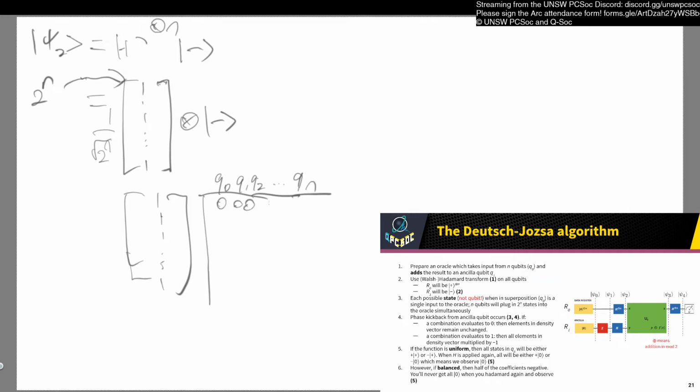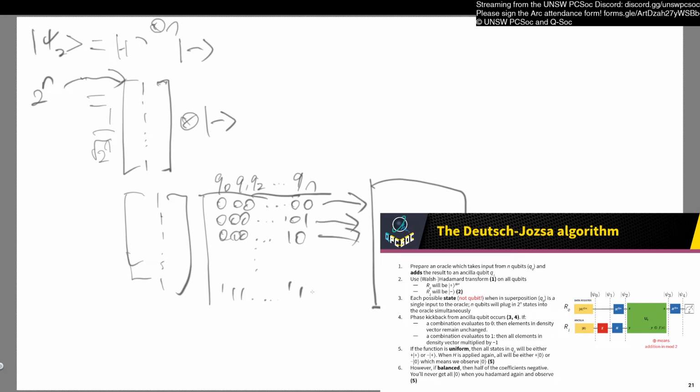This will be 0, 0, 0, going all the way to 0, 0, 0, 0, 1, going all the way to 0, 1, 0, 0, 0, going all the way to 1, 0, and so on until you get to 1, 1, 1, 1, 1. It turns out that these will all plug into the oracle independently. So it will test 2 to the power of n at the same time.